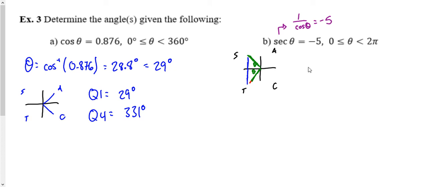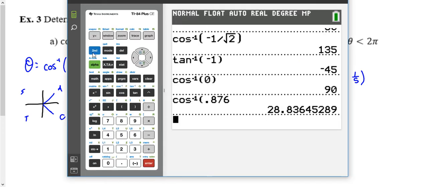So if we go right away here, let's quickly rewrite this. This is the same thing as saying cos theta equals 1 over -5. So theta is equal to cos inverse of -1 over 5, which in this case here, a bit of an ugly decimal, but that's okay.